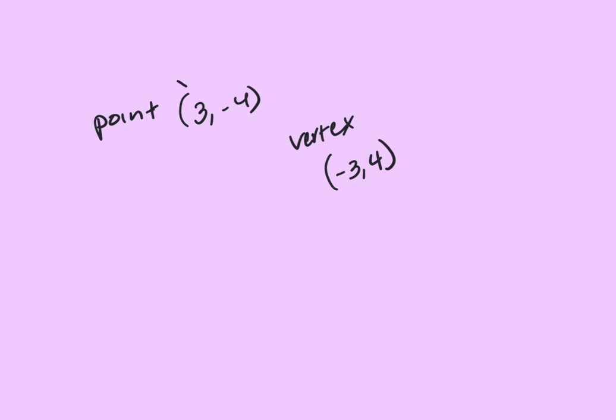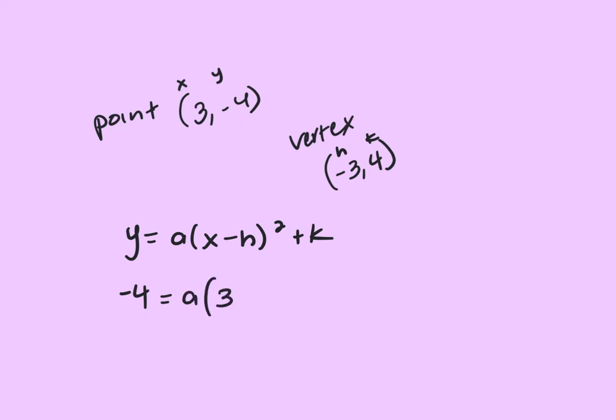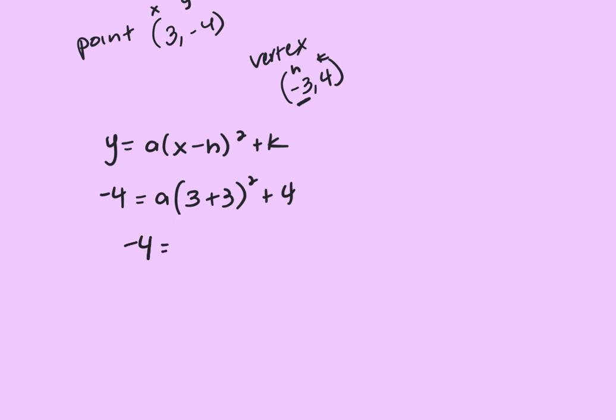So this is my x, and this is my y, and this is my h, and this is my k. y equals a(x minus h) squared plus k. So -4 equals, a is our unknown, x is 3 minus a -3, because that's the h, so this is plus 3 squared, plus the k, which is 4. -4 equals a times 6 squared plus 4.